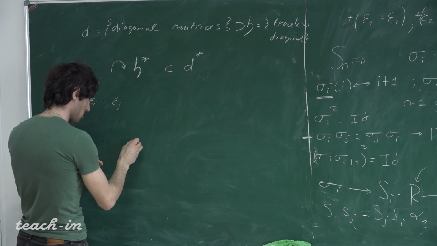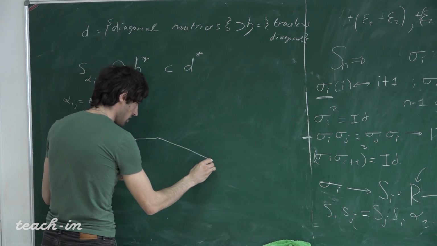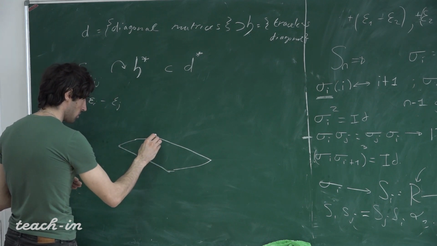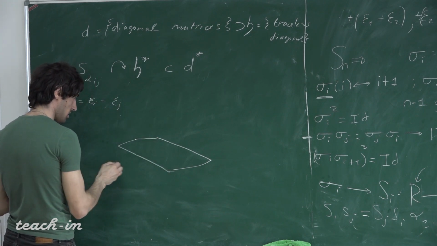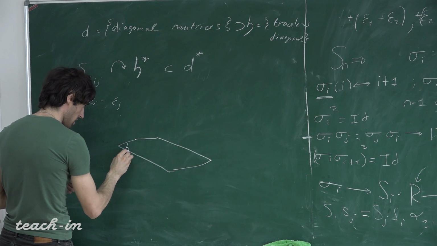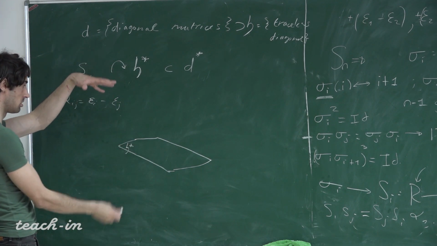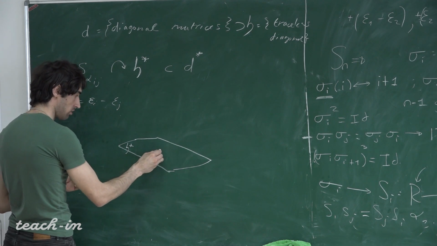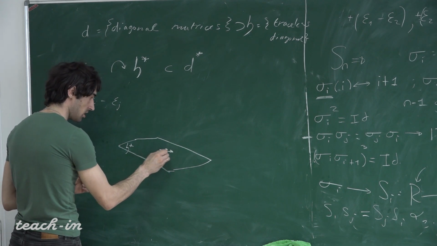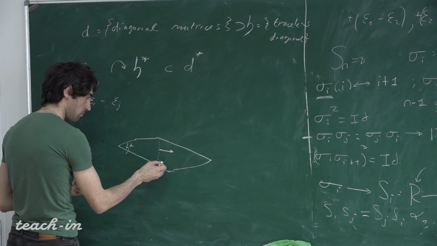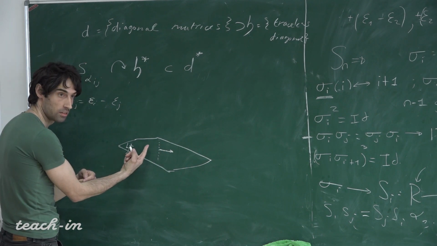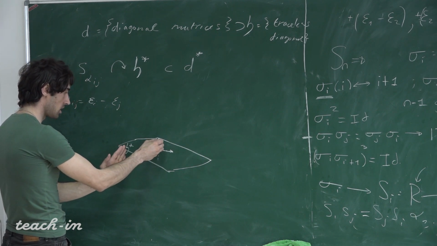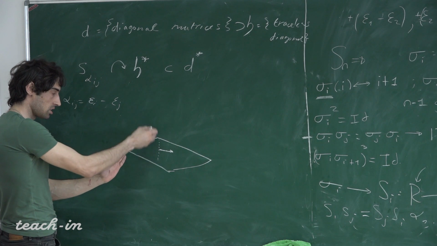So on pictures, what's going on? You have H star, and the whole space is D star. Of course, if I have a root, I reflect with respect to some plane in H star, and this plane in our picture is a line.